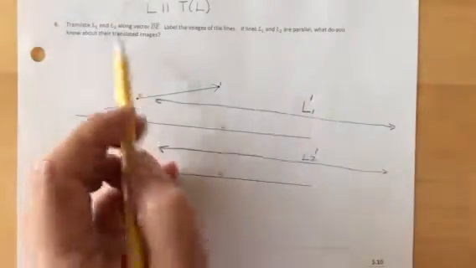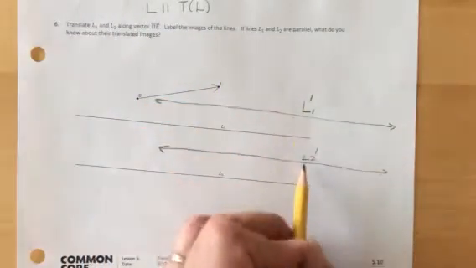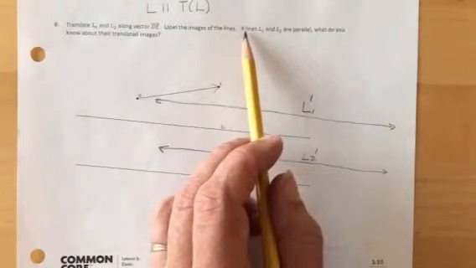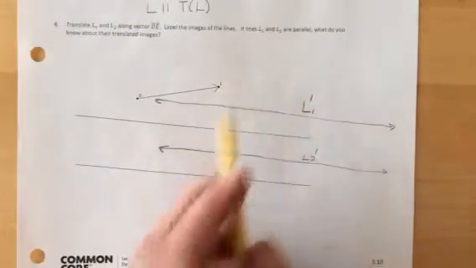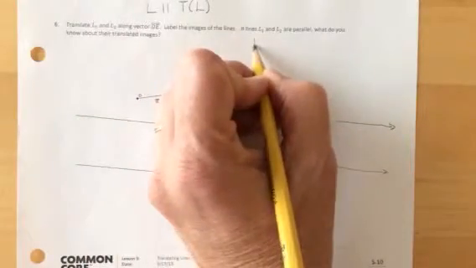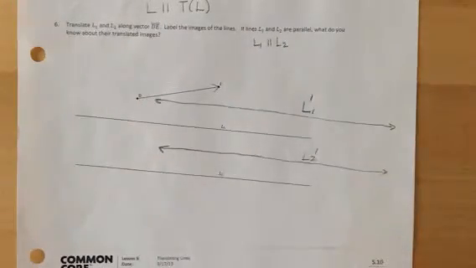Okay, so we've drawn them. We were asked to translate, label the images of the lines, so we've done that. And if lines L1 and L2 are parallel, so we're told if L1 is parallel to L2, what do we know about the translated images?